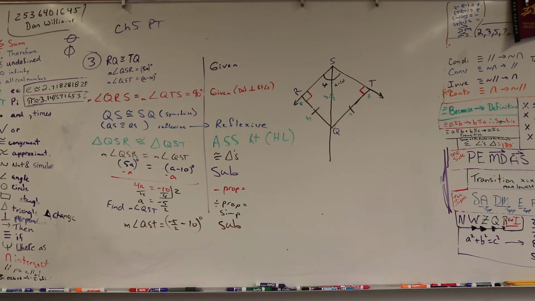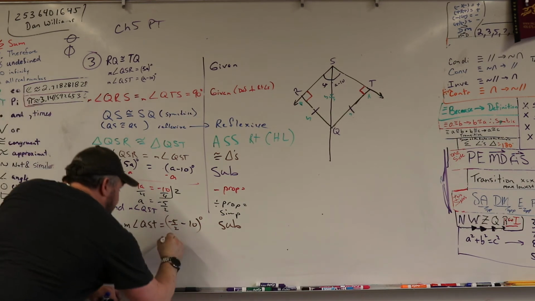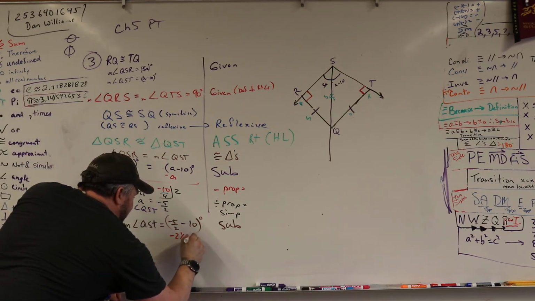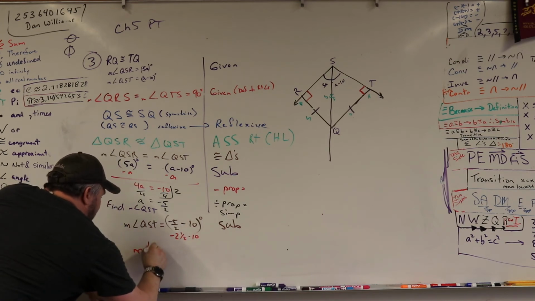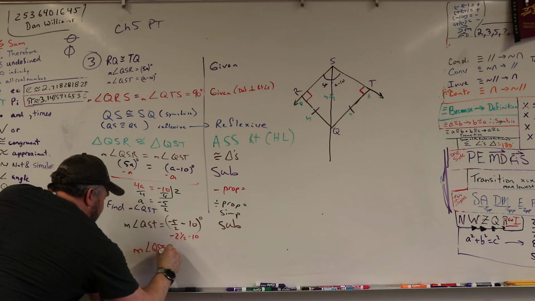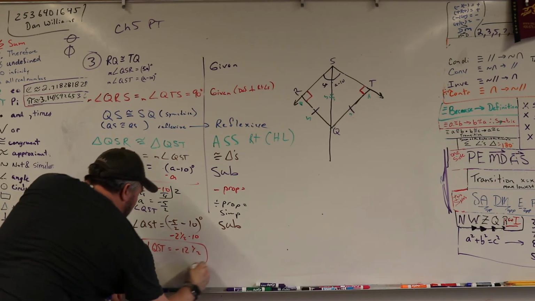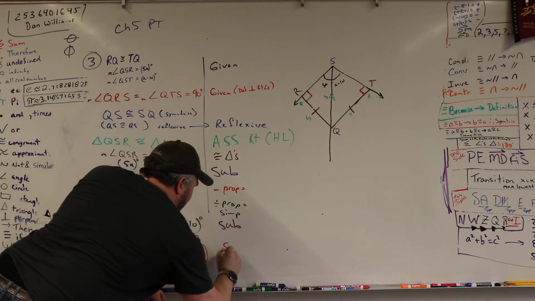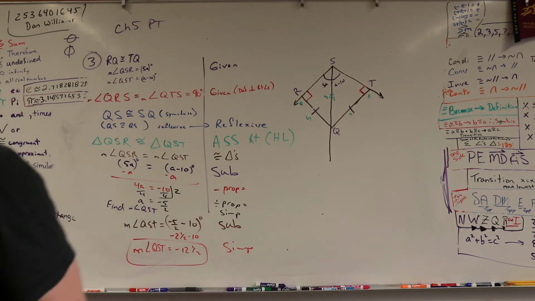And so, what is 5/2 really? 5/2 is really 2 1/2. That's really negative 2 1/2 minus 10 is going to be the measure of angle QST is equal to negative 12 1/2. Why? Simplify. That's it. And that is how we would do number 3.